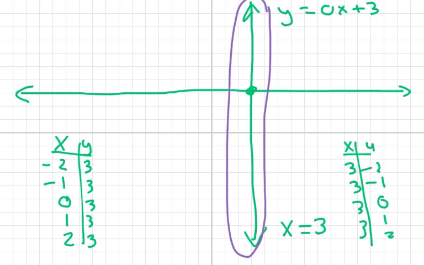Okay? Now, to shift this, our standard form would be y equals, let's see, 0 times (x minus h) plus k.